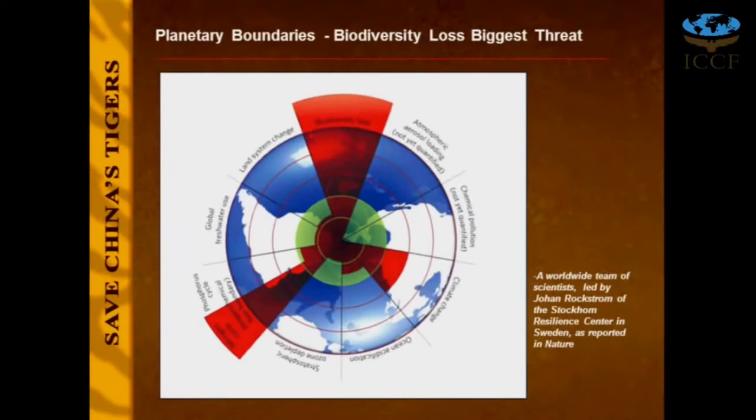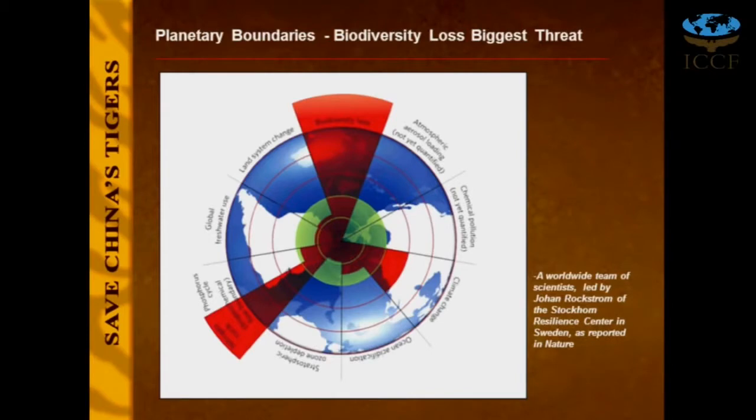I just want to briefly touch on this slide. As you see, this is done by a group of scientists at the Stockholm Resilience Center. The planet has certain boundaries, and once we surpass certain boundaries, we may have reached the point of no return, and that means we may not be able to save certain species or reverse certain damage.